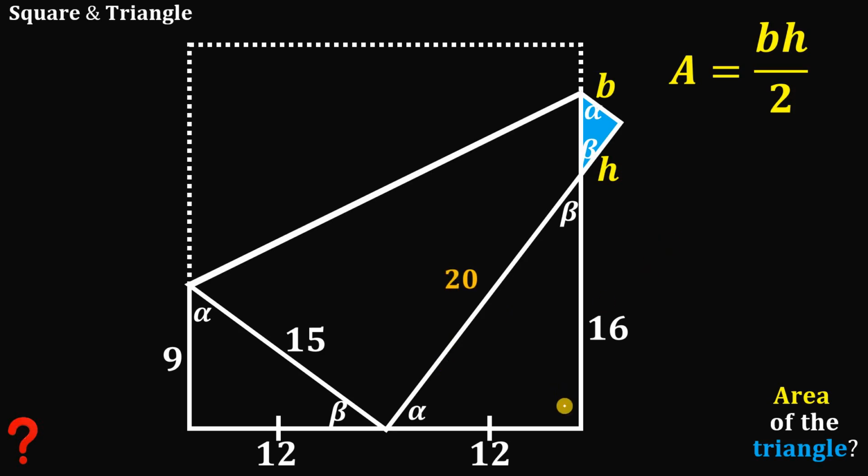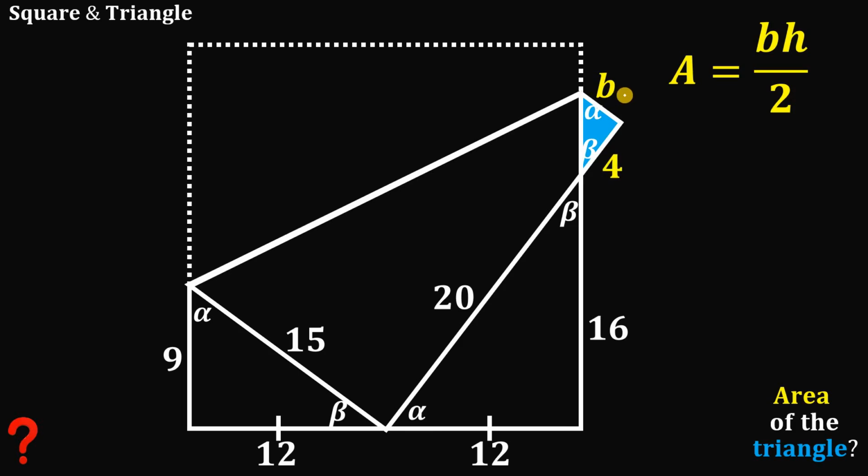So the hypotenuse of this right triangle must be equal to 20 units. Now, since we know the side length of this square must be equal to 24 units, we now have 20 right over here. Therefore, the remaining side, or this h, must be equal to 4 units.